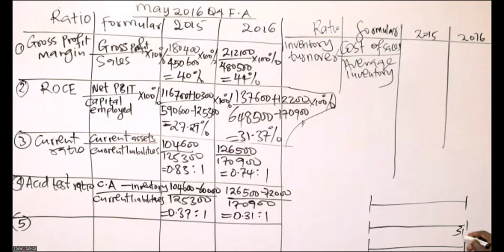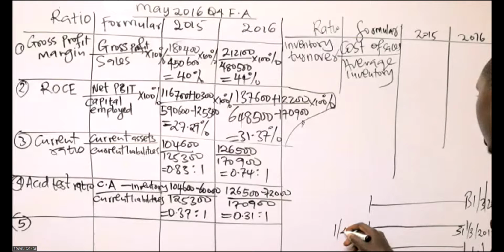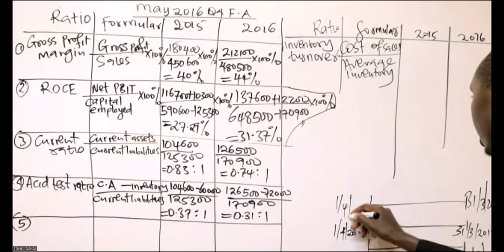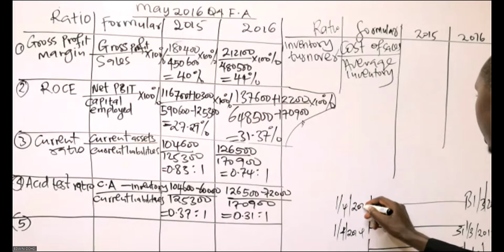So we have 31st March 2015, 31st March 2016. And if there was a previous year, it could have been 31st March 2014. So this year starts on 1st April 2014, and this one starts on 1st April 2015.